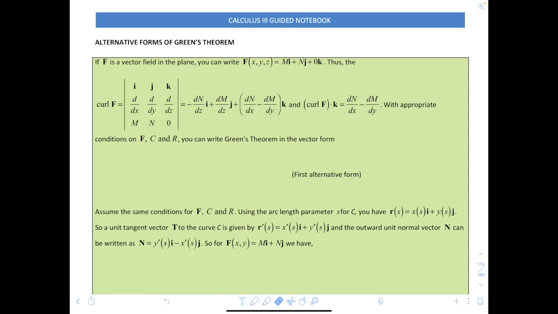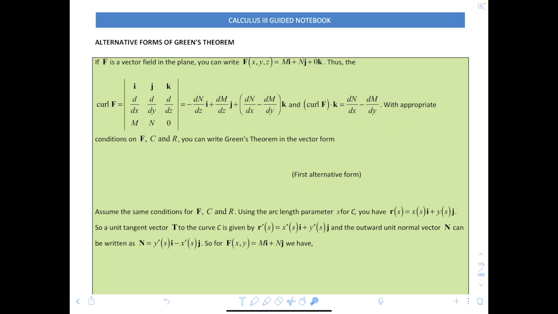So finding the curl of F, we've done that before, right? That's something we looked at just a little bit earlier.